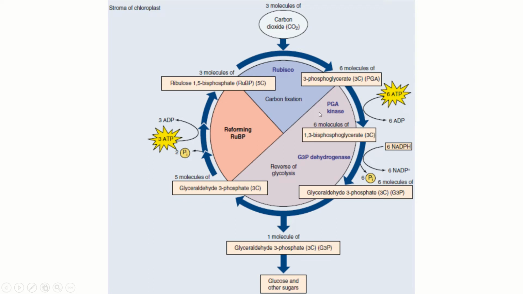Second one, it is PGA kinase mainly, and also glyceraldehyde 3-phosphate dehydrogenase, another one. And here is the stage in which glyceraldehyde 3-phosphate is used for making glucose and other sugars. Here the name of the enzyme is not mentioned simply because it consists of many stages. We cannot simply say the name of any one enzyme. And here is the regeneration of RUBP.